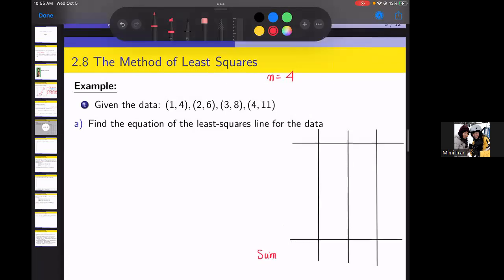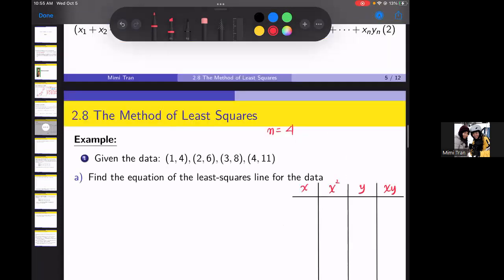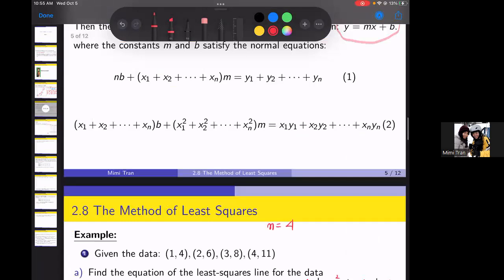Sum. All right, so here's x squared, y, and x times y. Why do I need those? Because the formula says so, right? I need the sum of x, sum of y, sum of x squared, xy.